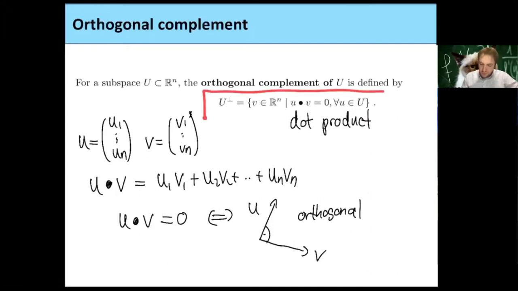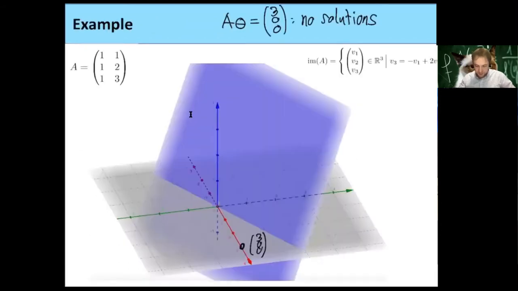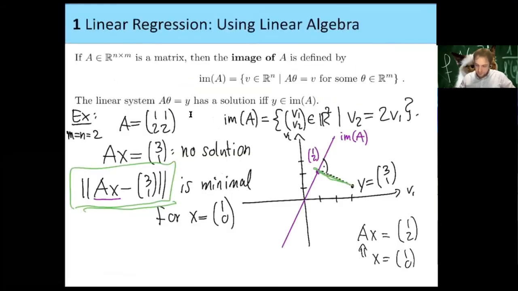So therefore, this orthogonal complement of some space, if I have a plane, then the orthogonal complement is just everything which is orthogonal. So if I have a plane in 3 dimensions, then the orthogonal complement is just a line. So maybe if we go back to this one here, then in this picture, this here would be the orthogonal complement of the image.